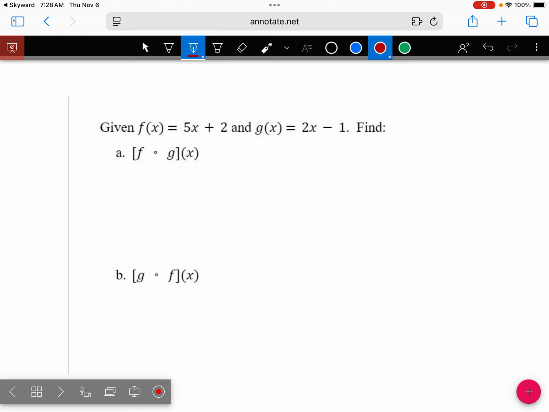So again, you see how this f comes first? I want you to rewrite this f function and put a parentheses where you see x. So it would be 5 parentheses plus 2.